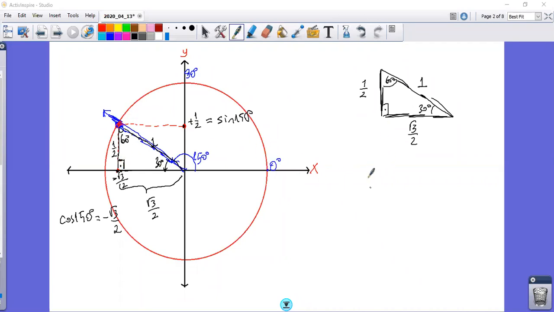So now the question was sine of 150. Sine of 150, we found 1 over 2. I'm sorry, this is 150. And cosine of 150 is negative root 3 over 2. Any more questions?